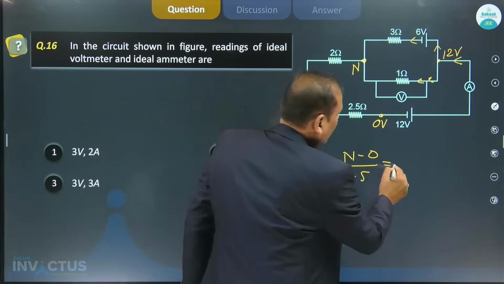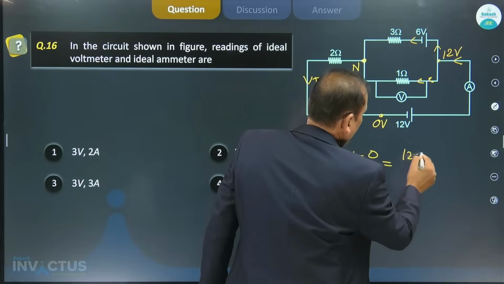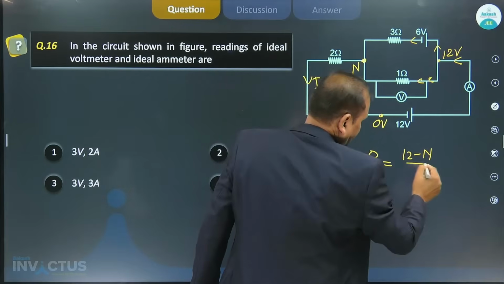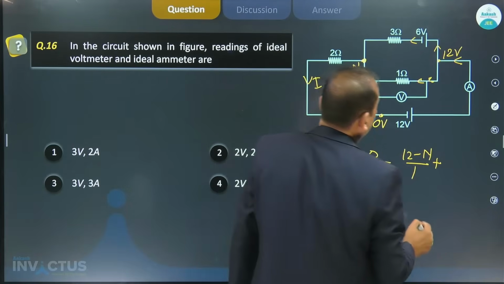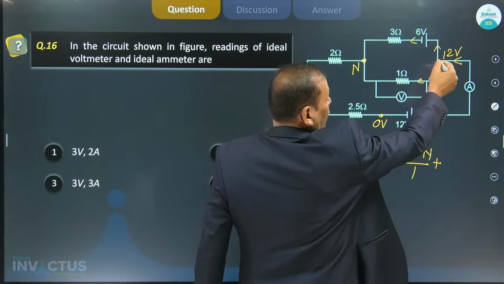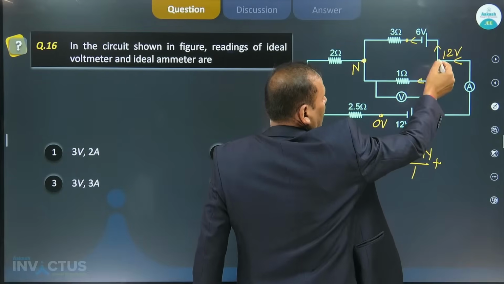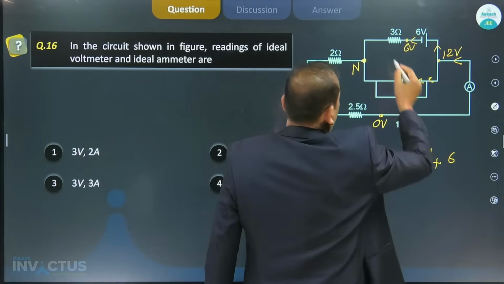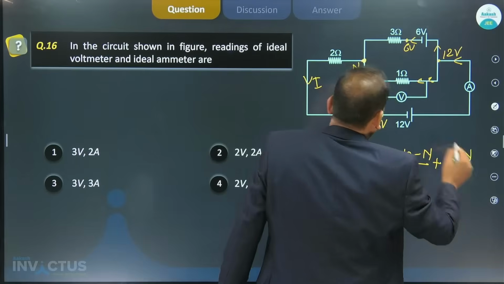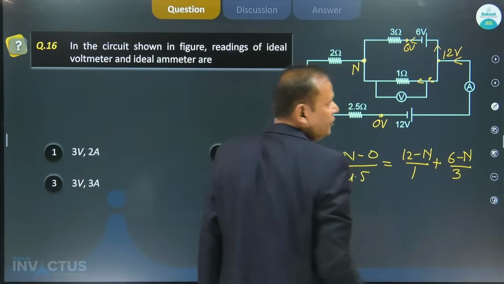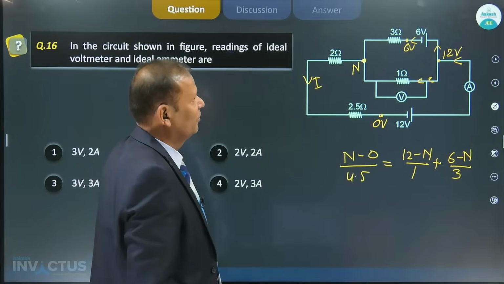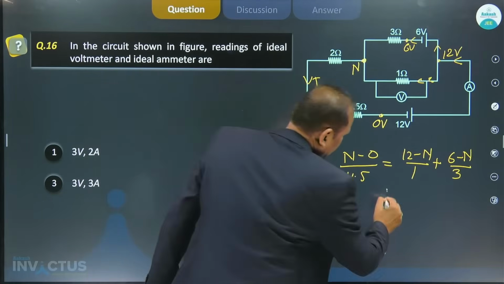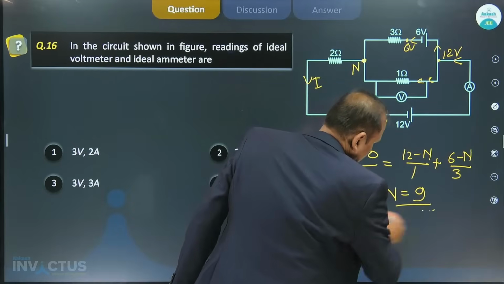And this should be equal to 12 minus N divided by this resistance 1, plus, here is 12 volt, then here will be 12 minus 6, that is 6 volt, so 6 minus N divided by 3. It can be solved and you will get N is equal to 9.